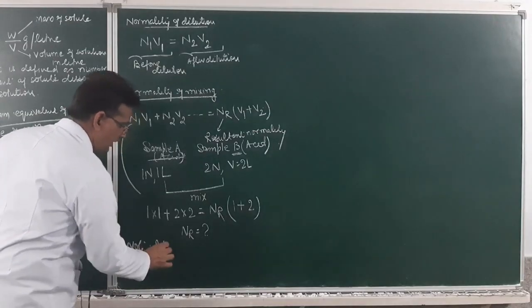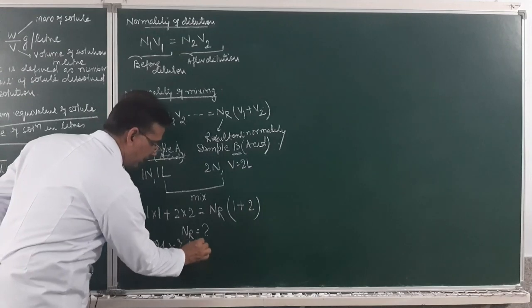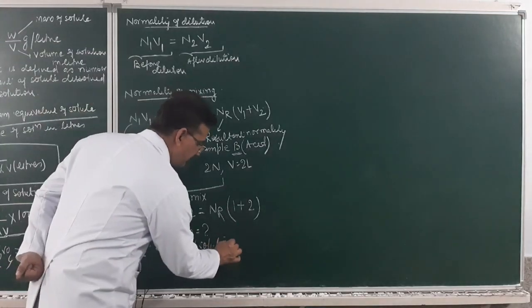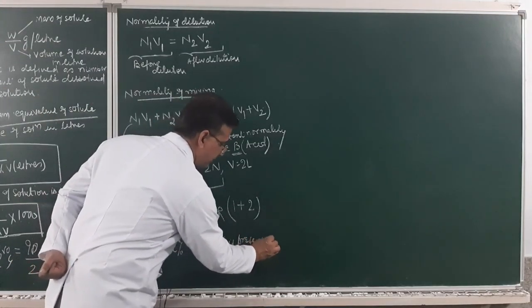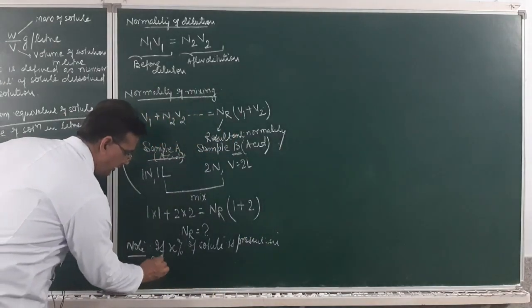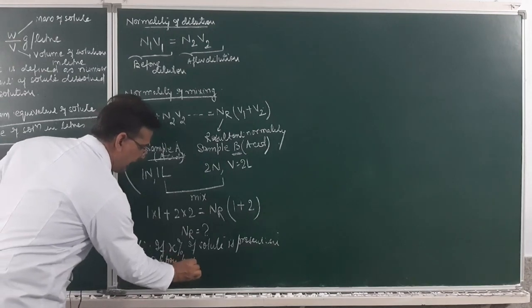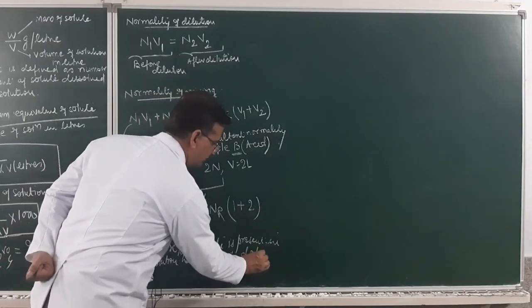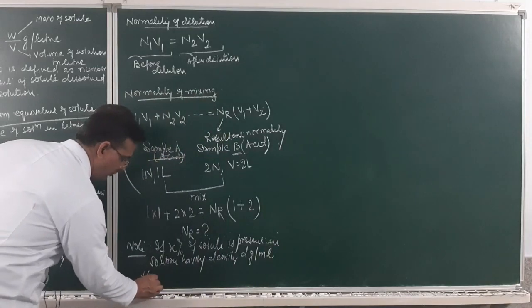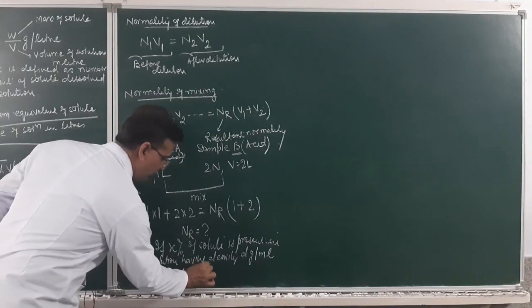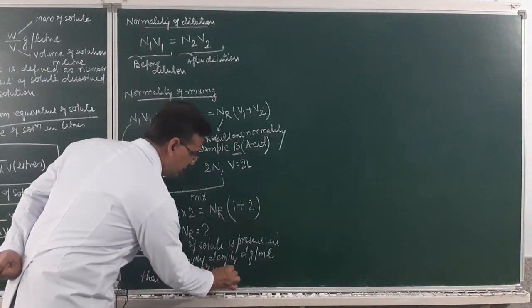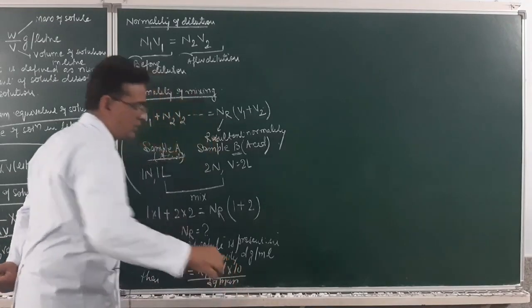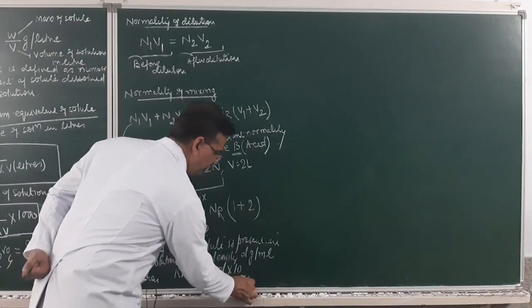If X% of solute is dissolved or present in a solution having density d gram per ml, then normality will be equal to X% into d into 10 upon the equivalent mass of solute.